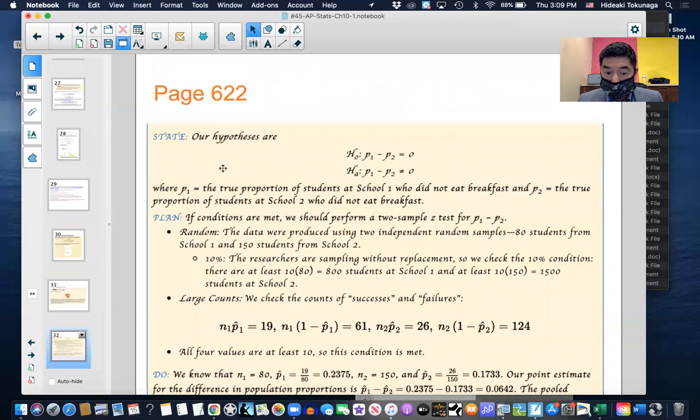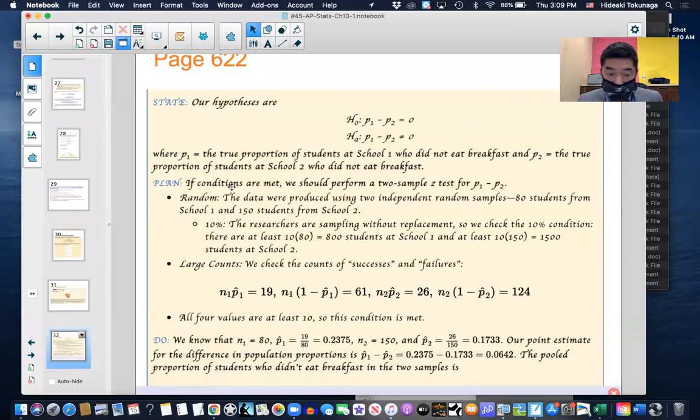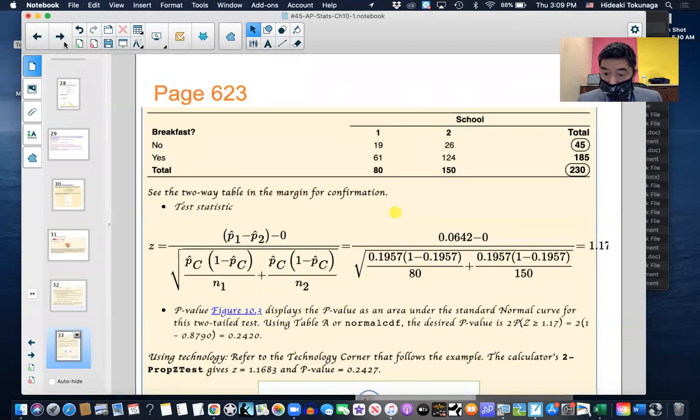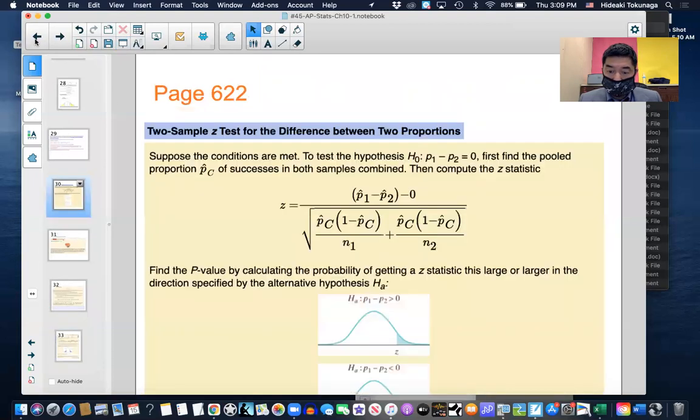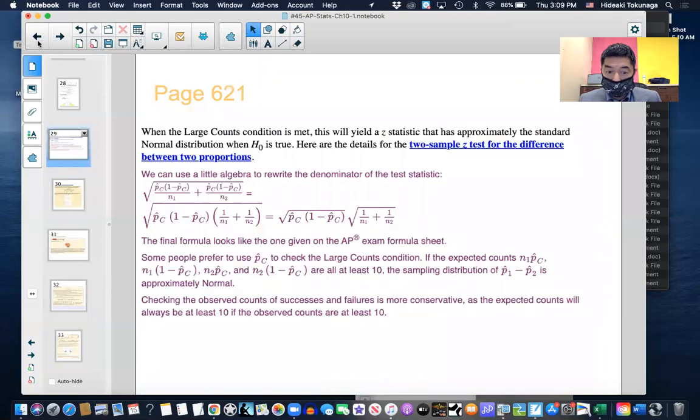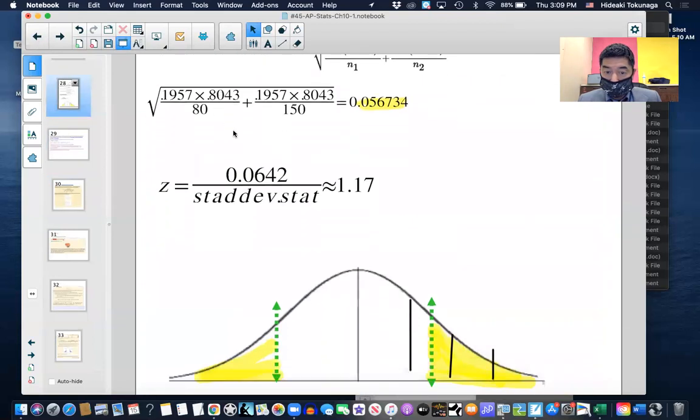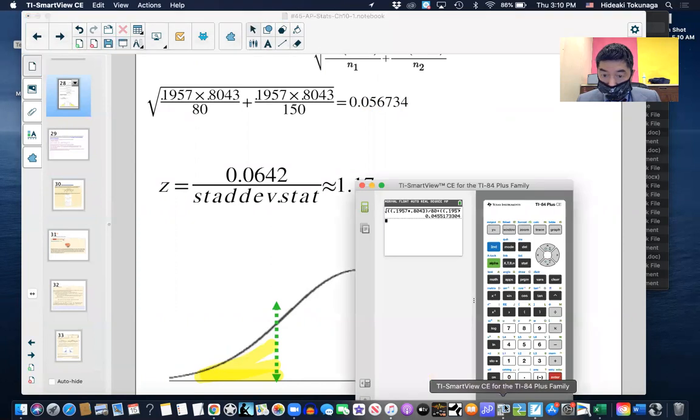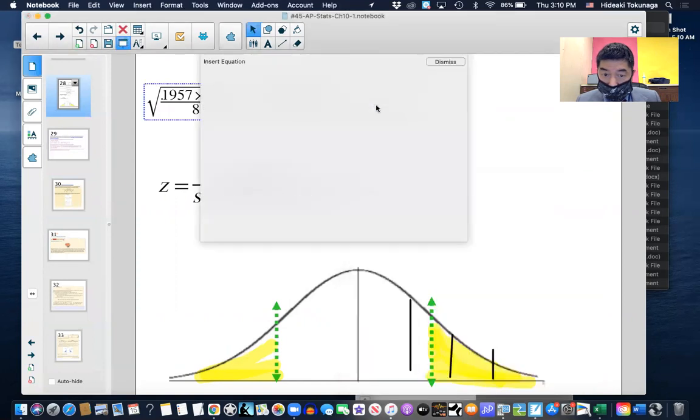Let's see the answer key. The answer key doesn't show up here. Let me check the number: 0.045, 0.0455.